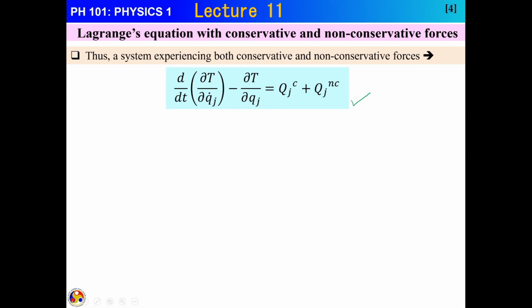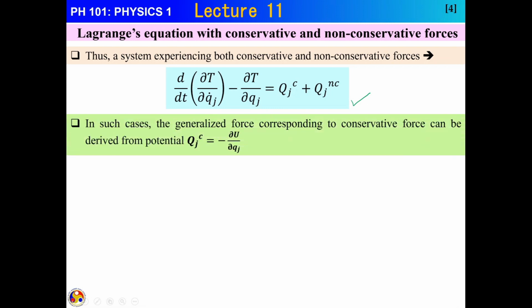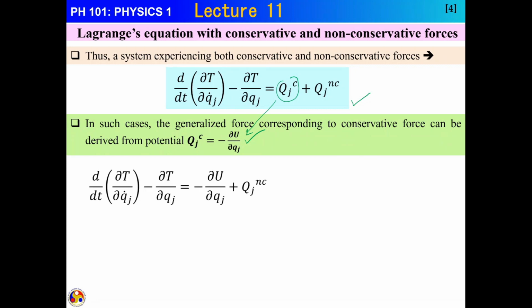In these cases, the generalized force corresponding to the conservative force can be derived from the potential, which is minus partial derivative of U with respect to qj. So therefore, we can replace this term by this part. So in that case, your equation will come out to be, so QjC is replaced by the potential derivative.